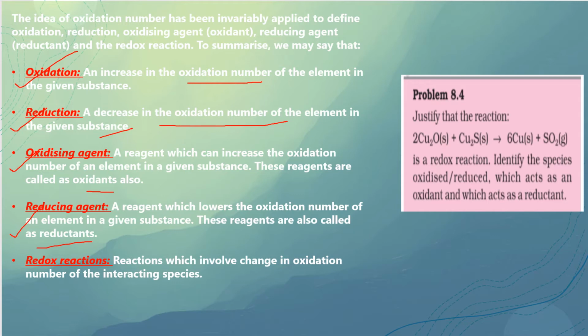Now, redox reactions are the reactions which involve change in oxidation number of the interacting species. Take this example. Here we have to justify that the reaction given is a redox reaction.